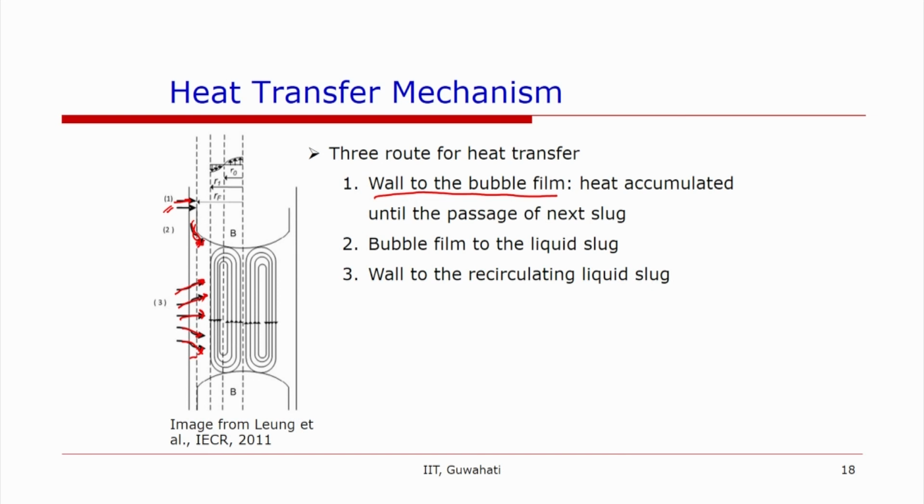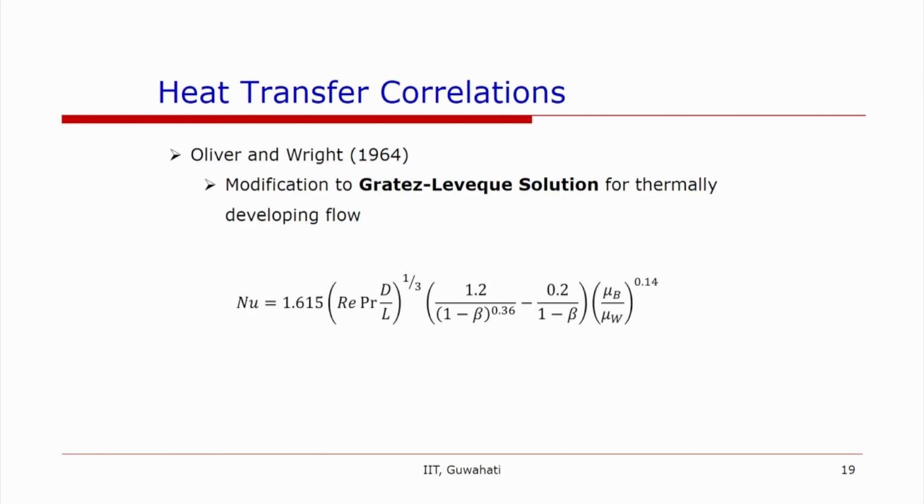When we develop a heat transfer model, we will look at this further on. So, let us look at some of the correlations that have been presented in the literature for predicting the Nusselt number in the Taylor flow regime. This Nusselt number is defined as Nu equal to 1.615, and now you can remember the inverse Graetz number, which is Re Pr, channel diameter by L, raised to the power 1 by 3.